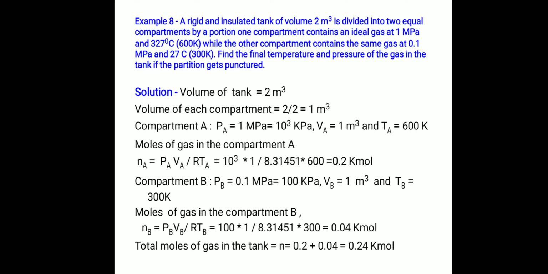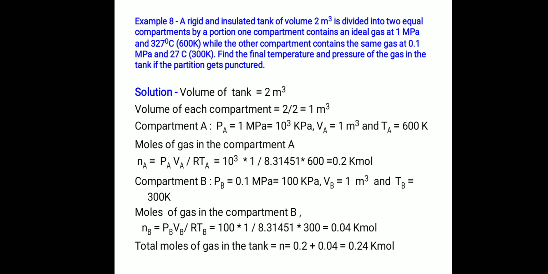Even though the temperature and pressure conditions are different in the different compartments, in the final condition the gas is mixed. So the total tank has one and the same temperature and pressure. So we have to calculate this final temperature and pressure for the total tank.